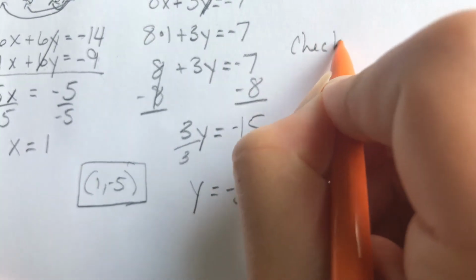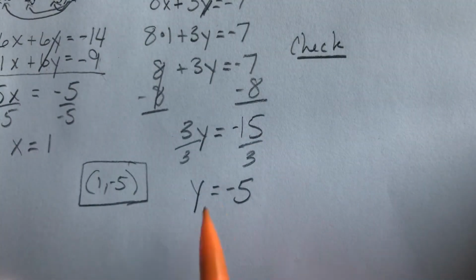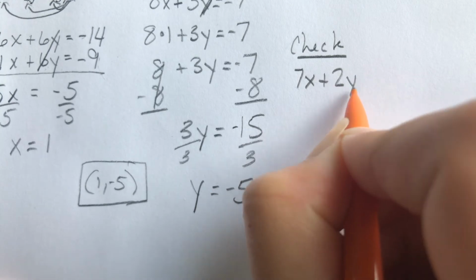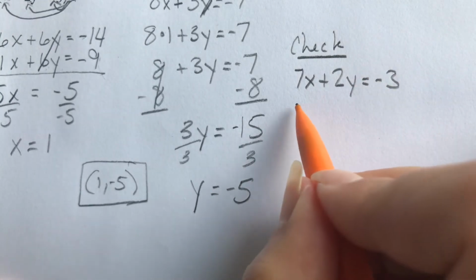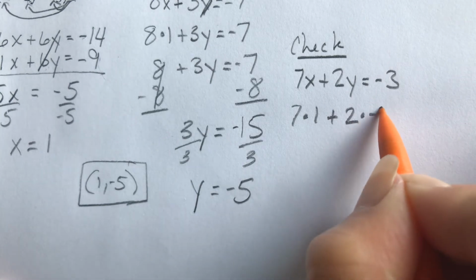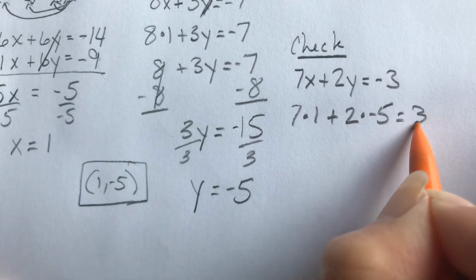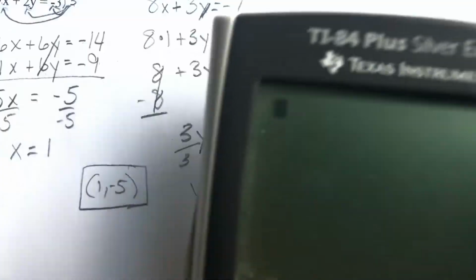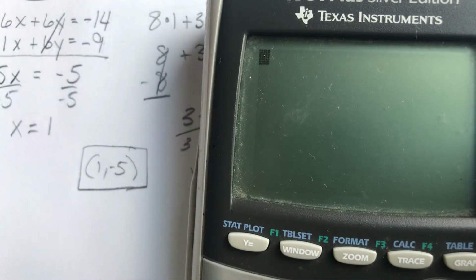So I use the opposite equation that I haven't used yet. 7 times 1 plus 2 times negative 5 equals negative 3. So what I talked about, going to your calculator. I know your calculator looks a little different, but that's okay.